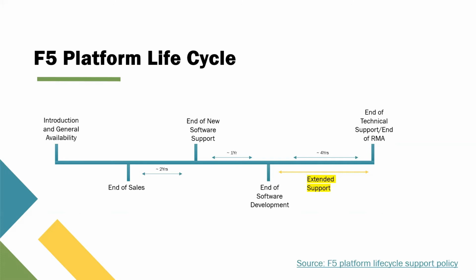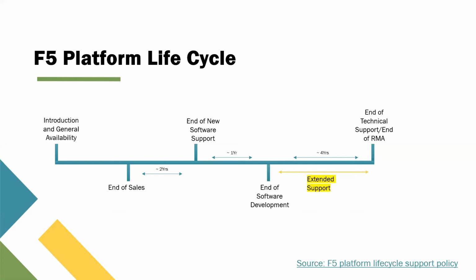Right. So let's have a brief discussion. What is the life cycle, and why is this piece of information a must-have? As BigIP releases any hardware, it is available in the market. You can purchase it and avail all the features.